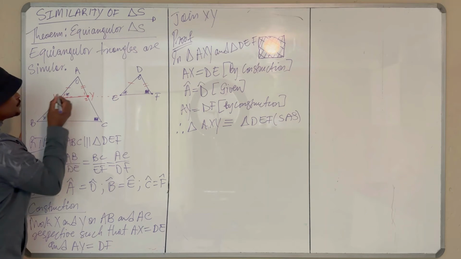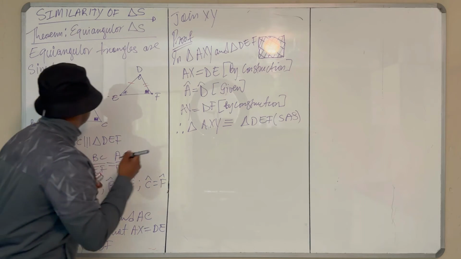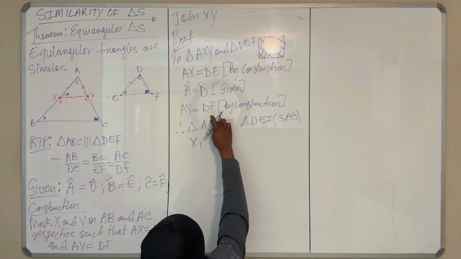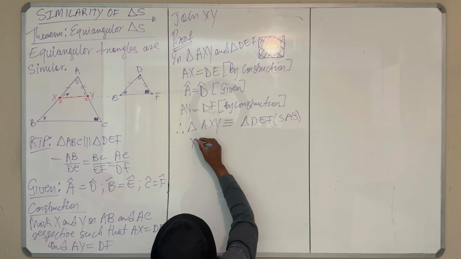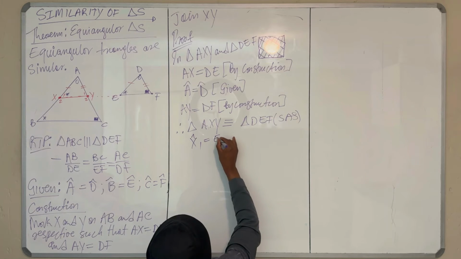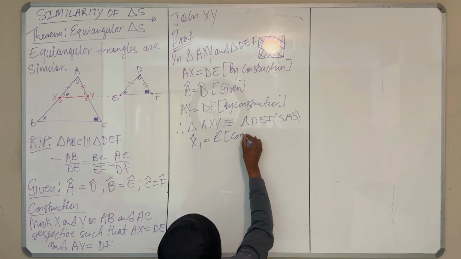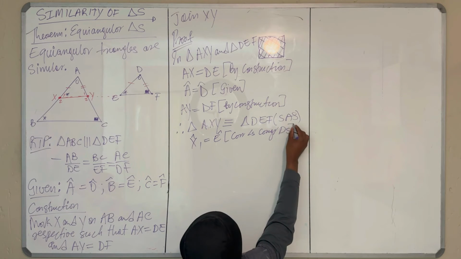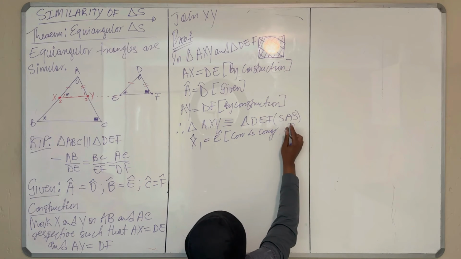So your angle x1 here is equal to angle E here. These are corresponding angles of congruent triangles.